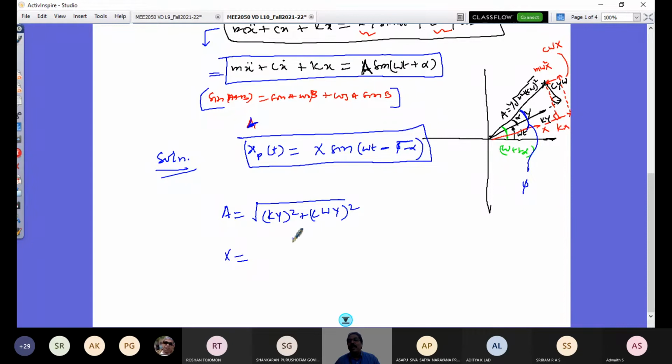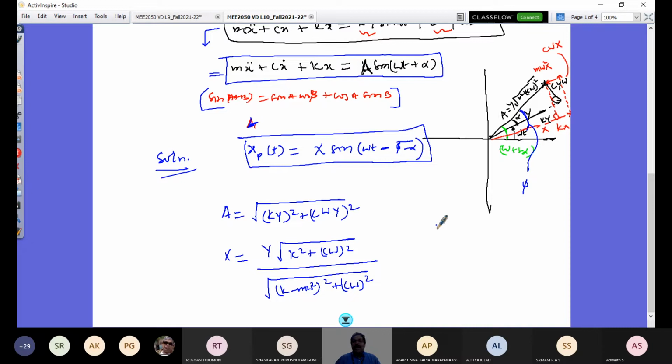That x would be given by y into the square root of k squared plus (c omega) squared, divided by the square root of (k minus m omega squared) squared plus (c omega) squared. That is x.